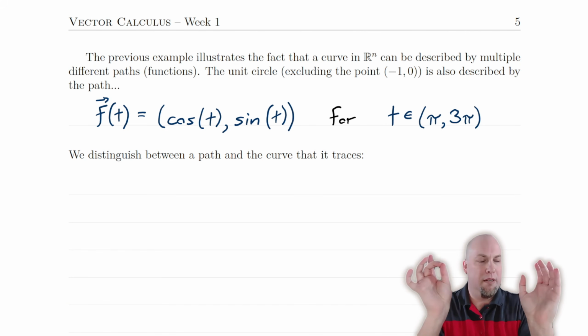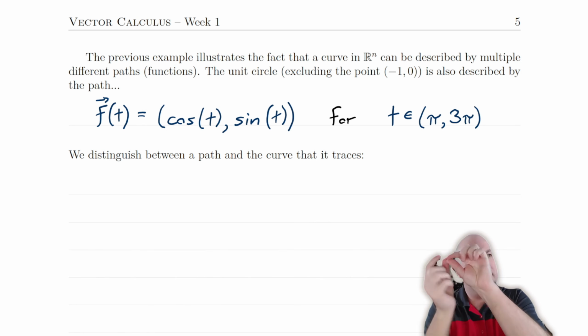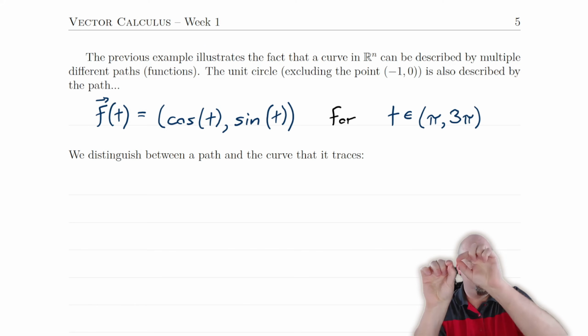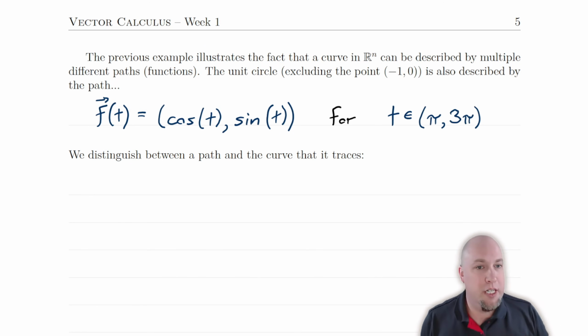If we included one of those endpoints, we would actually get that leftmost point. But because we're excluding the endpoints, it starts right next to that leftmost point, goes all the way around the circle, and stops just before touching it again. It would trace out the exact same curve.